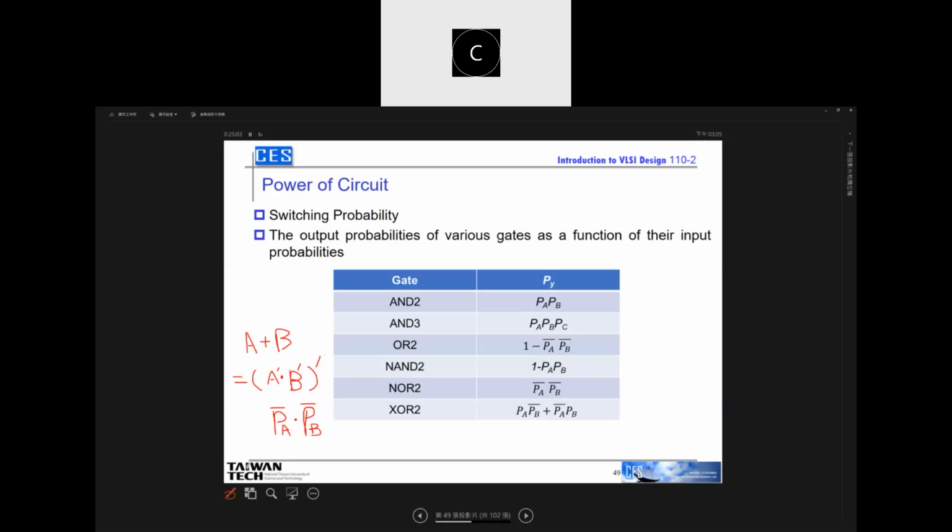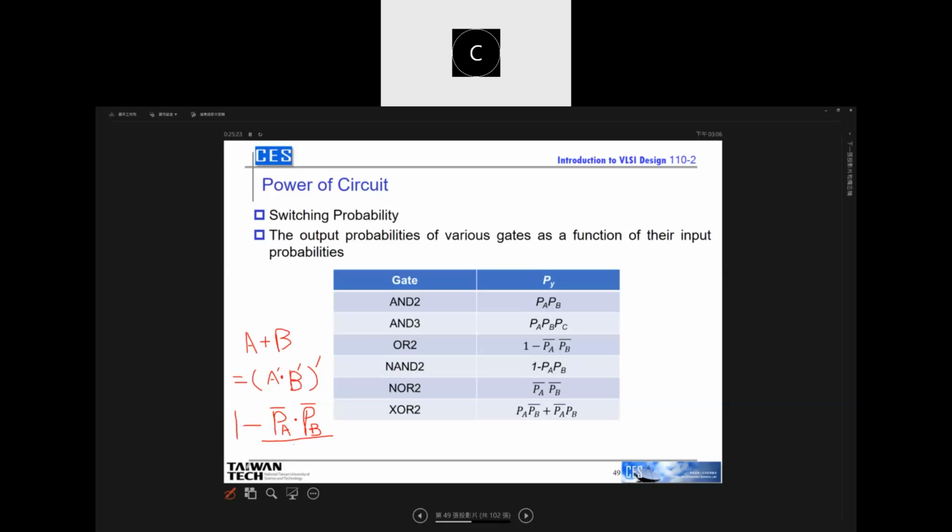But we have a complement, right? So that's the probability of A prime times B prime. But what we want is the inverse of this probability. When you want to calculate the inverse of a probability, you usually use 1 minus the probability.